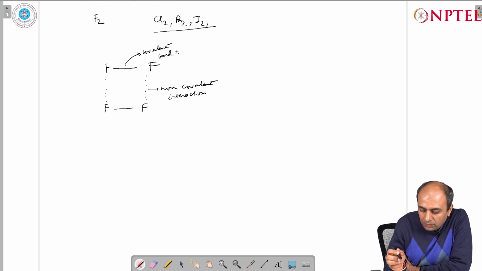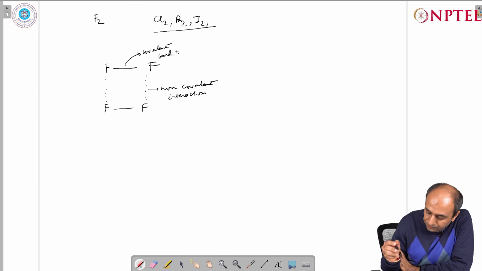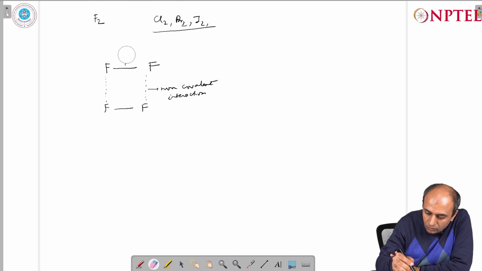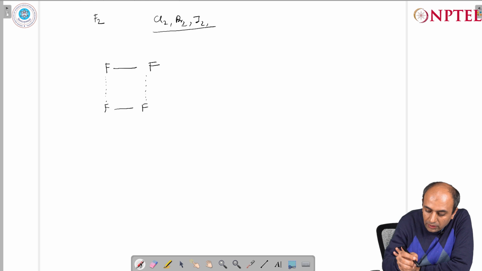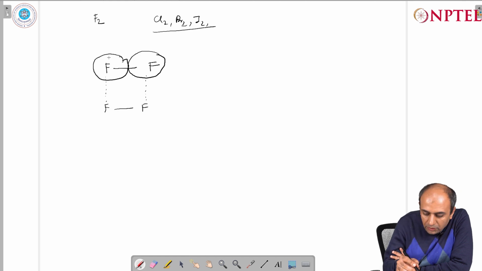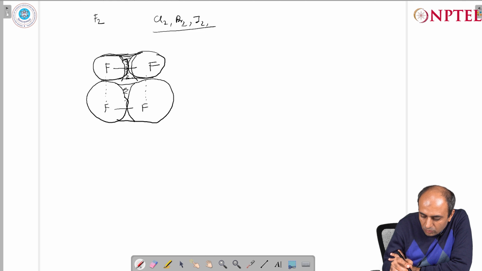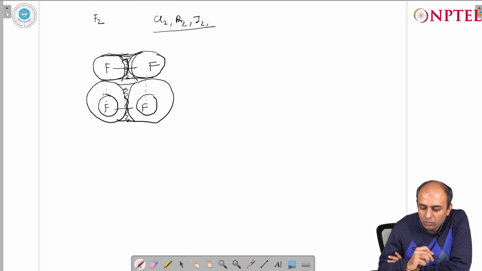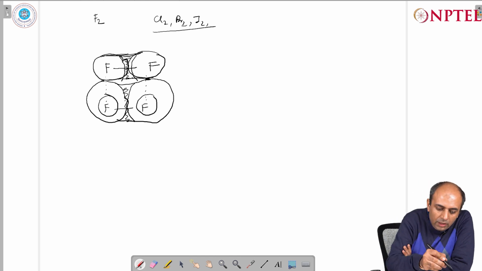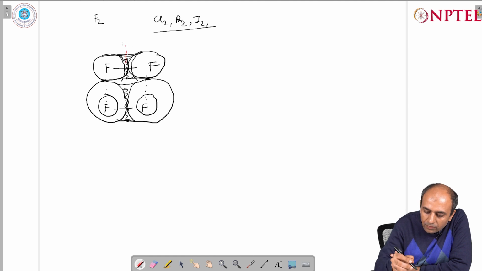So if we were to draw this picture a bit more cleanly, we can now look at the region.